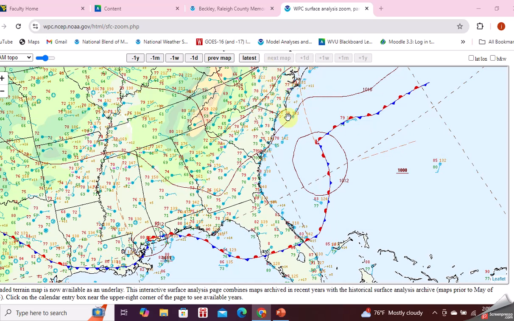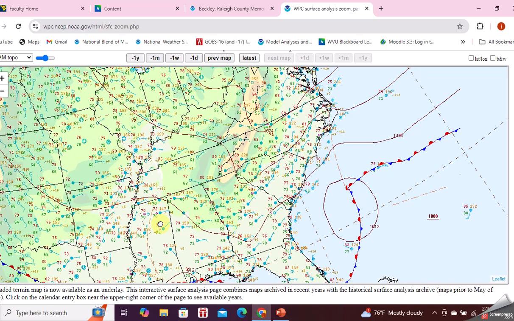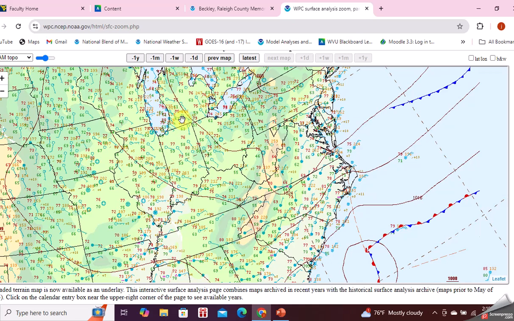Mid to upper 70s. This is all due to the influence of the air coming in off the water. Get further away from the water, get some more sunshine, and it gets a little warmer, in the upper 70s or maybe even higher. So you can see the influence of where we live.